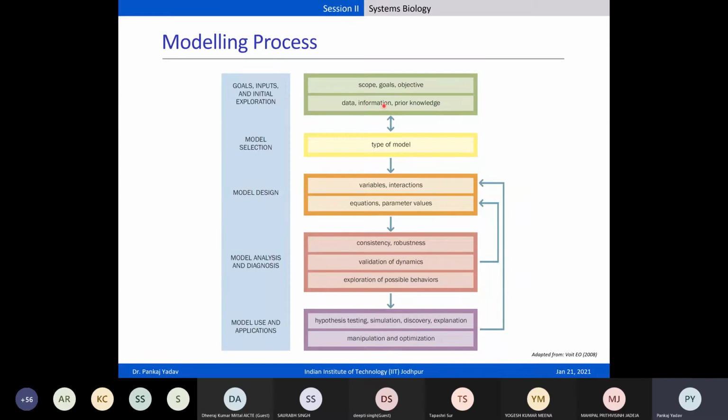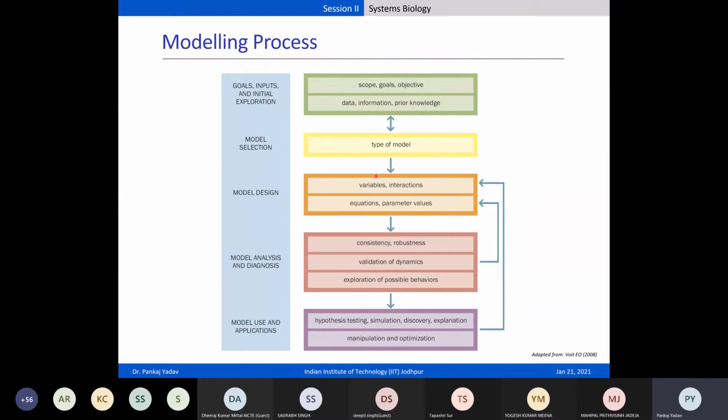Then we need to collect the data and information, and probably we will also gather some prior knowledge about this problem. Then we come to the next step, where we have to think about model selection. We need to think about what type of model will be more suitable, whether it is a dynamic model, static model, correlation model, or mechanistic model. There can be a long list of possibilities.